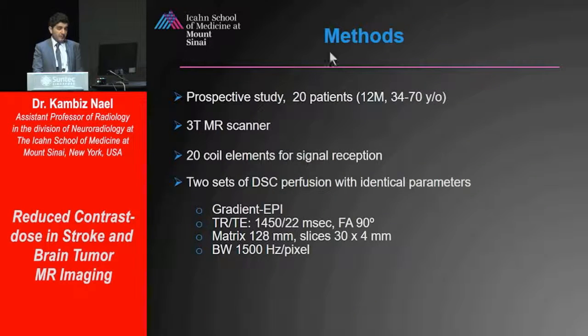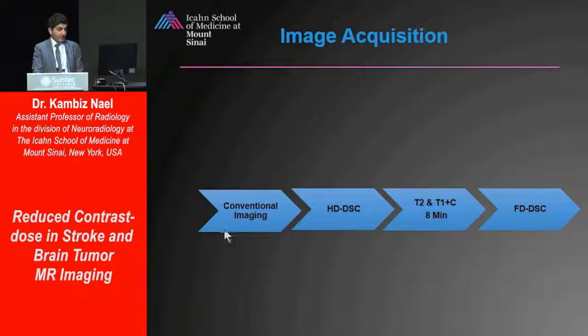So we prospectively included 20 patients. We scanned them at a 3T MR scanner. We used 20 coil elements for signal reception. We used a gradient EPI sequence with temporal resolution of approximately 1.5 seconds, with identical sequence parameters for both half dose and full dose.